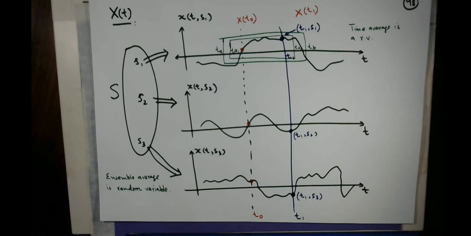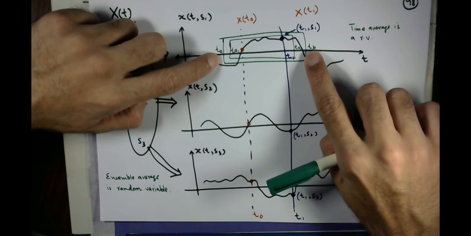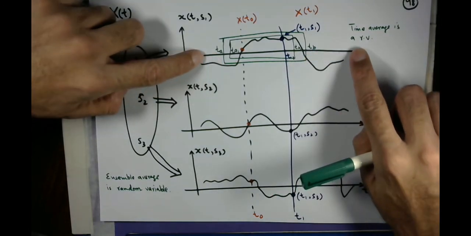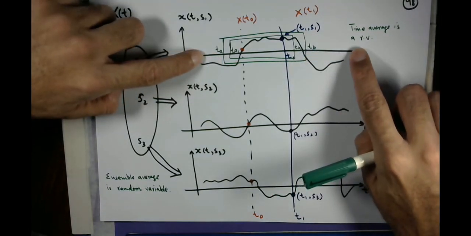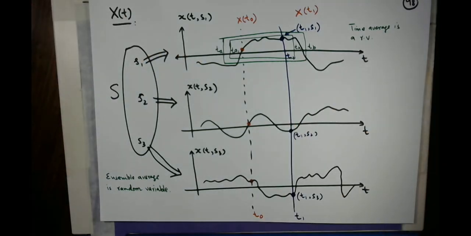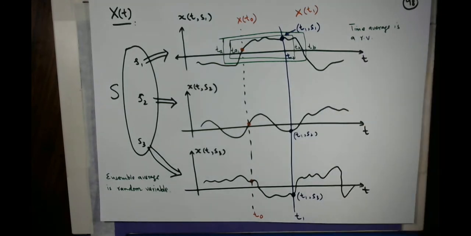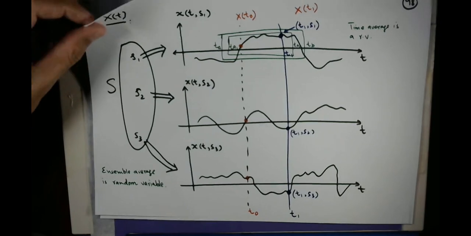We take another time interval, we get another time average value. We take another time interval, we may get another time average value, and so on. So the time average is also not fixed, and hence we also claim that time average is also a random variable.